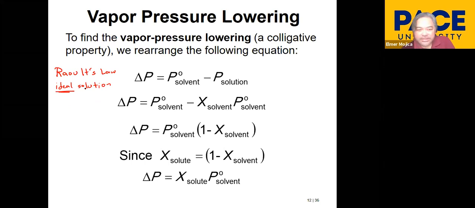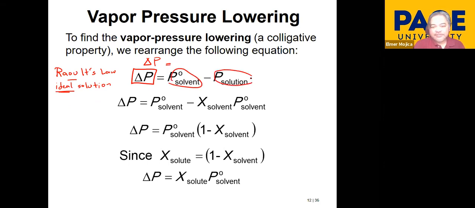So if we have this Raoult's law, here the vapor pressure lowering, denoted by the change delta P, is just equal to the vapor pressure of the pure solvent minus the vapor pressure of the solution. So what does it mean if you have an ideal solution?